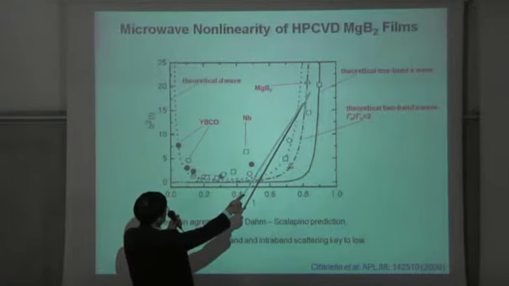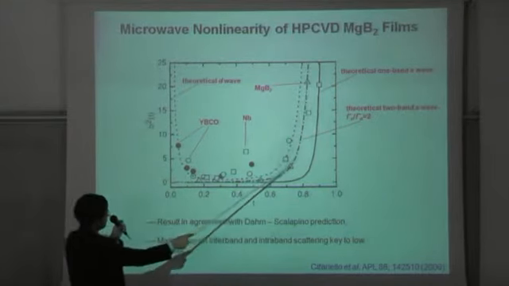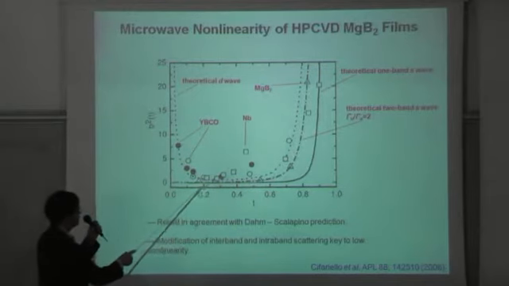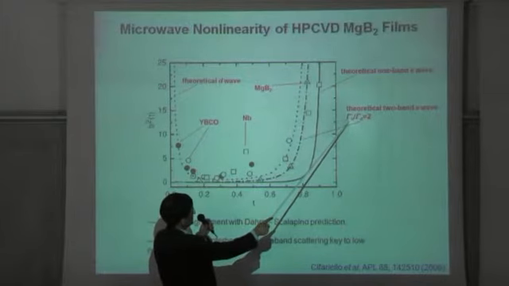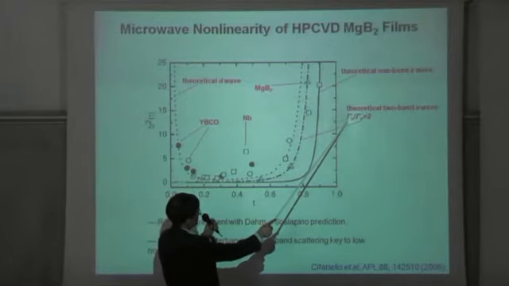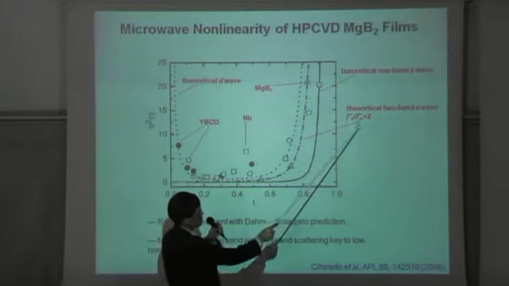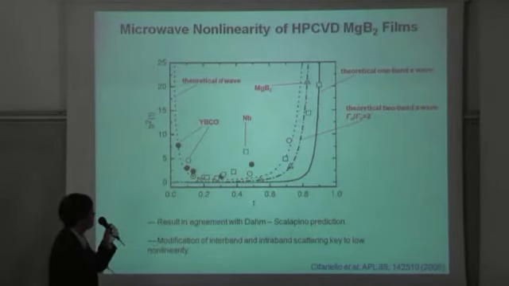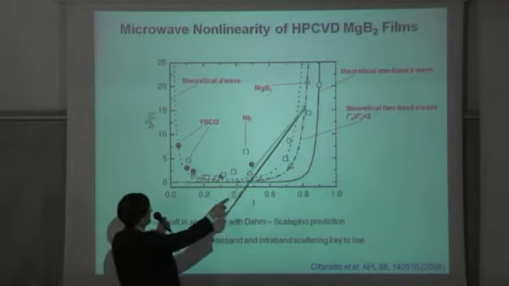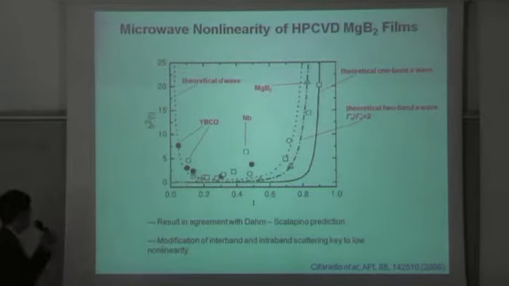It can be fitted to a situation where the scattering, gamma pi over gamma sigma, so this is the relative scattering between the pi band and the sigma band, equals 2, then the data can be fitted reasonably well.